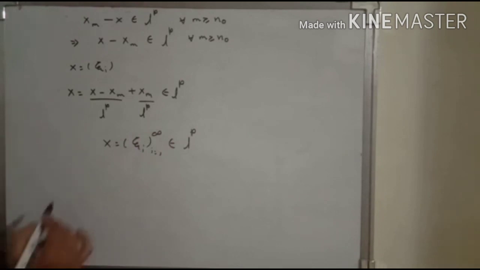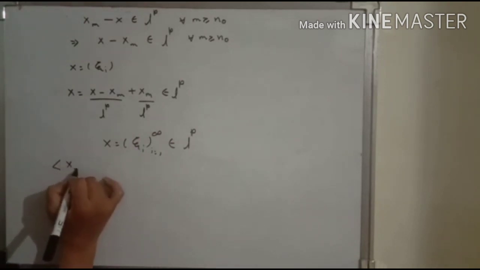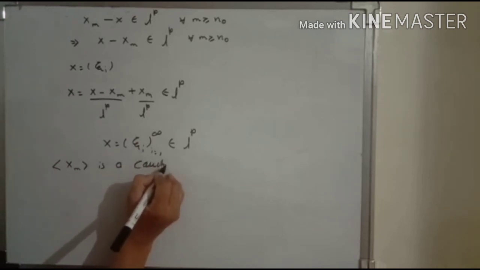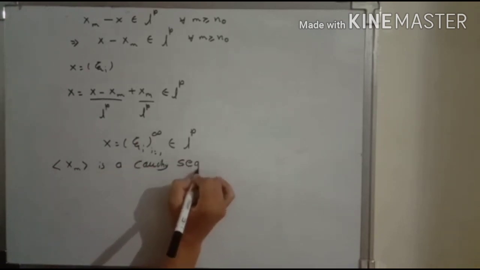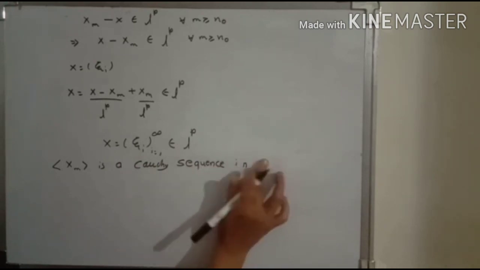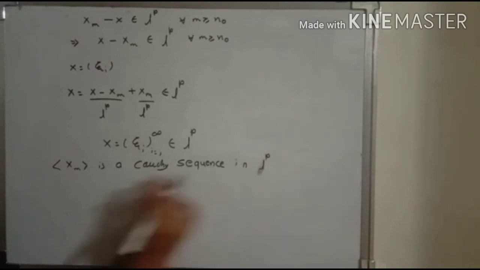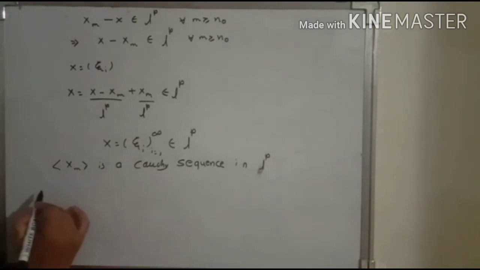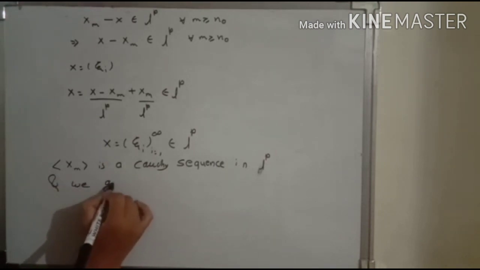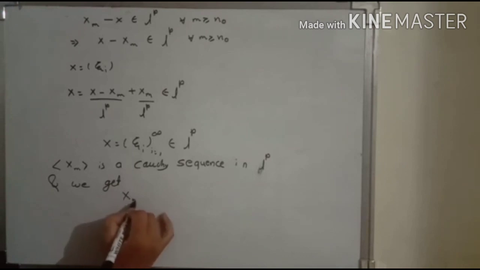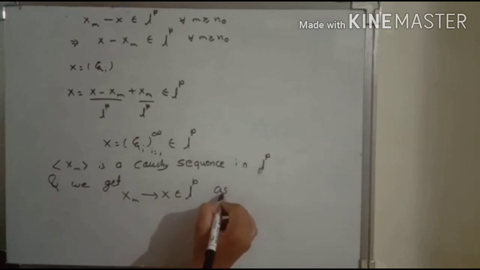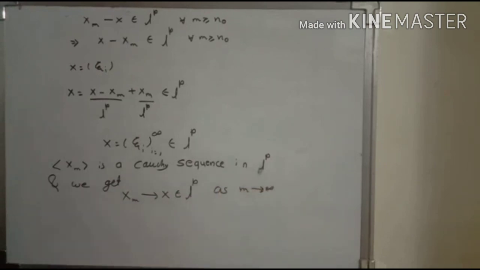Thus we start with the Cauchy sequence xm, a Cauchy sequence in LP, and we get xm converges to x, an element of LP, as m goes to infinity.